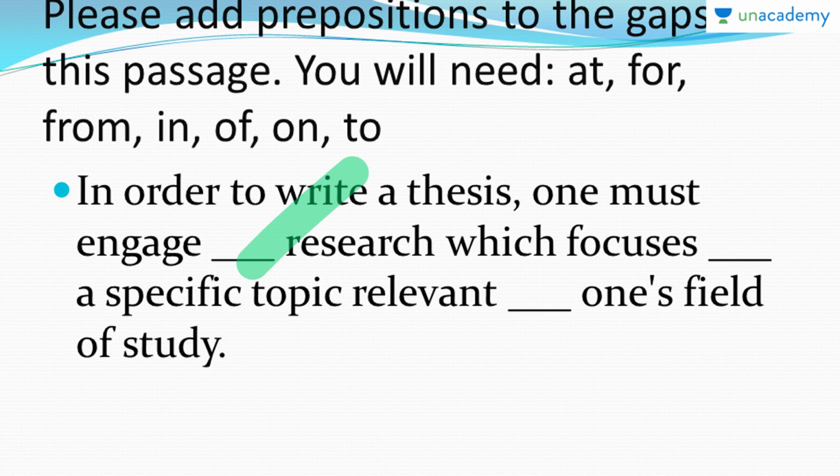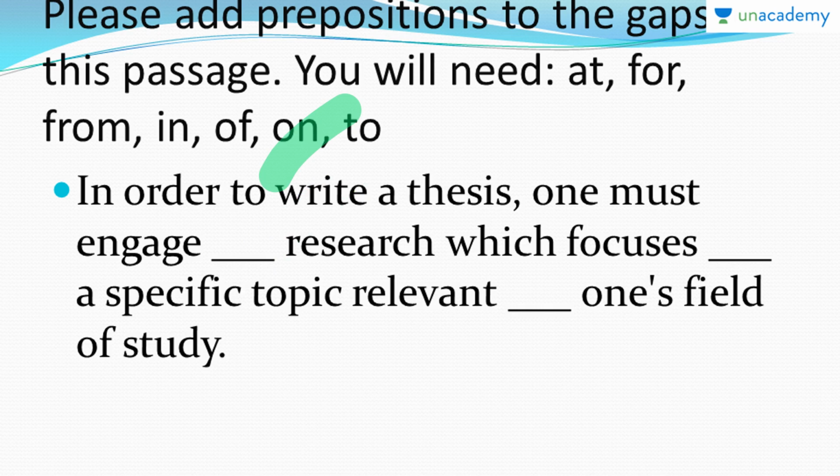So in order to write a thesis, one must engage in research which focuses dash a specific topic. The basis for the research is a specific topic. The word basis takes us back to the preposition on.